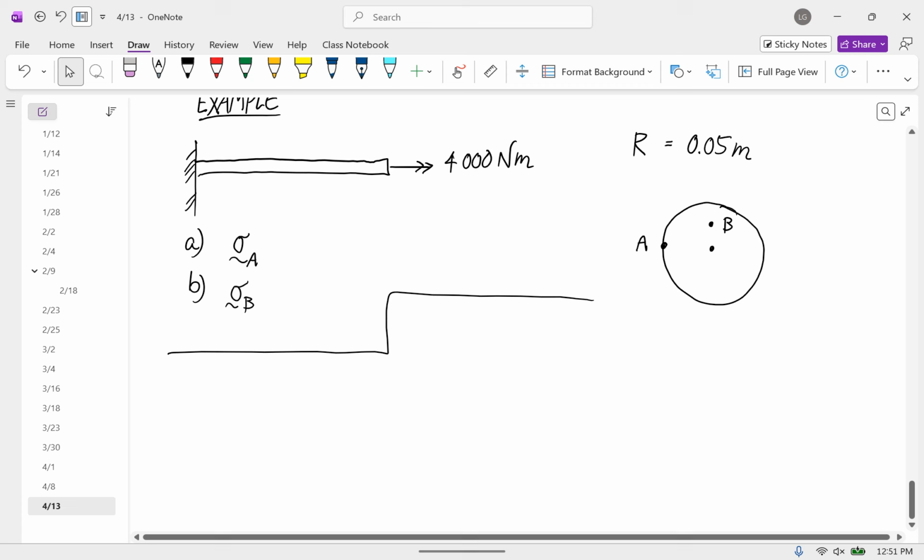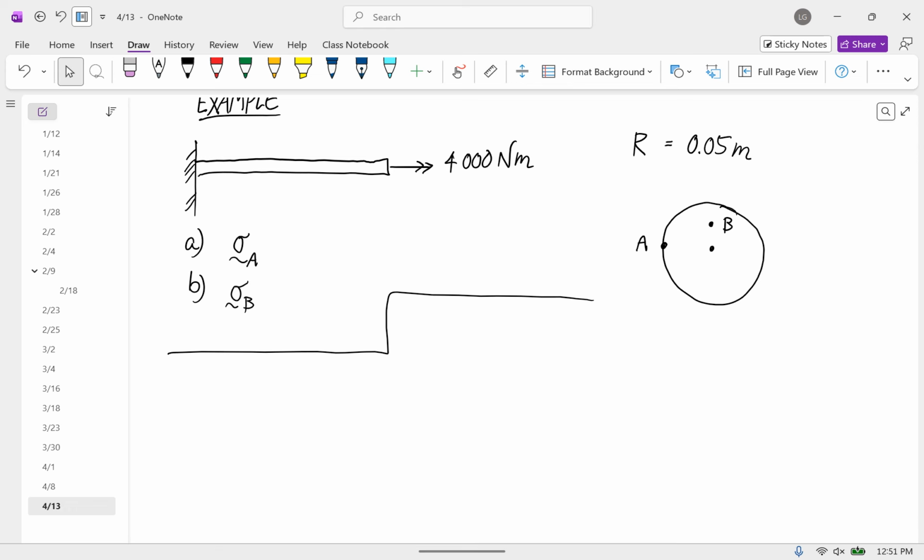It's going to be positive 4,000, because to calculate the external torque, there's going to have to be a negative 4,000 to counteract this. And then when we do our cut, since there's a negative 4,000 on the left end, you need a 4,000. Yeah, that's right. But let's just do the calculation like we always have.